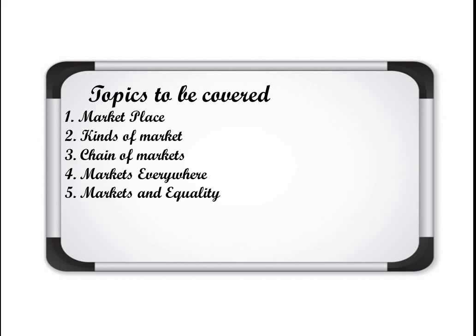We will take both points of view: the point of view of shopkeepers, are they really equal, and the consumers also. And at last, obviously, as you will take the homework, on the basis of the topics covered, you will be getting some questions that you have to attempt in your fair register.